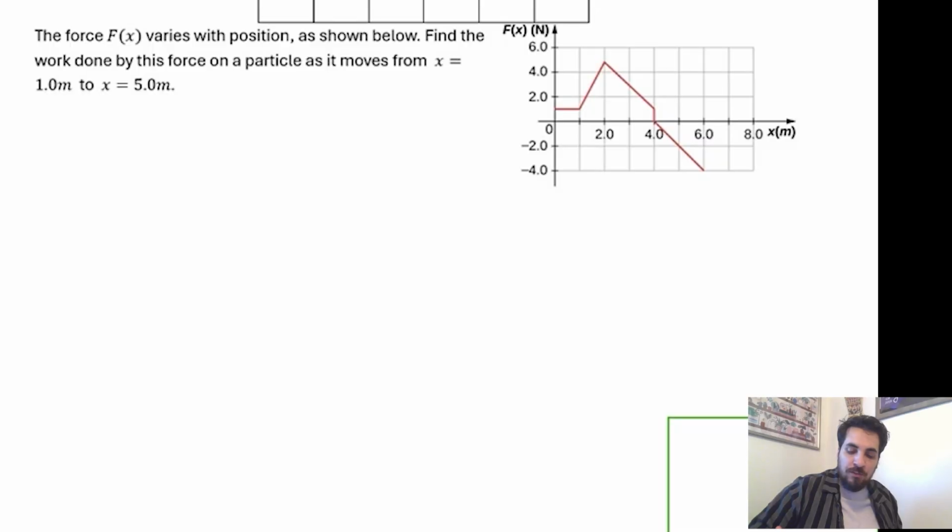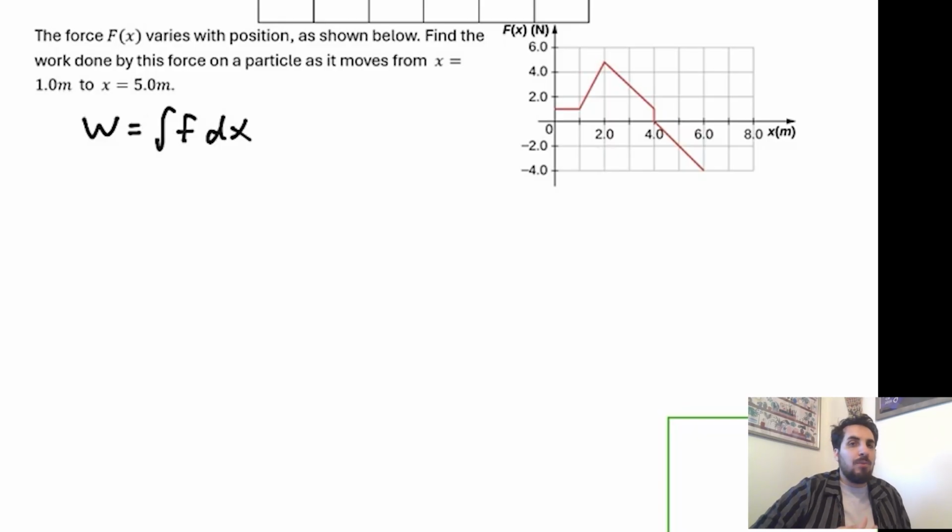Okay, so jumping into question one, right? We're shown this graph of force versus distance, and we're asked something about the work done by this force. Now, there are a couple of ways we can deal with work, but the most important thing to understand here is that work is equal to the integral of force dx.